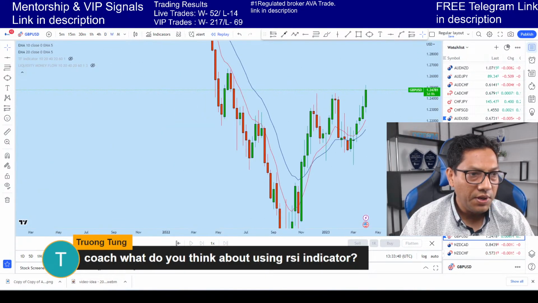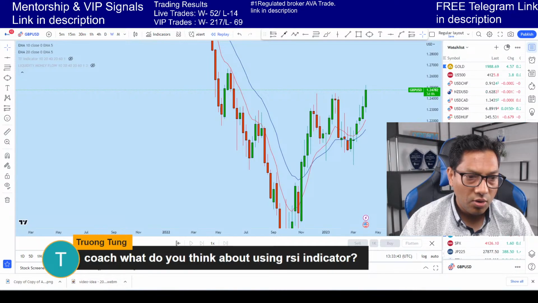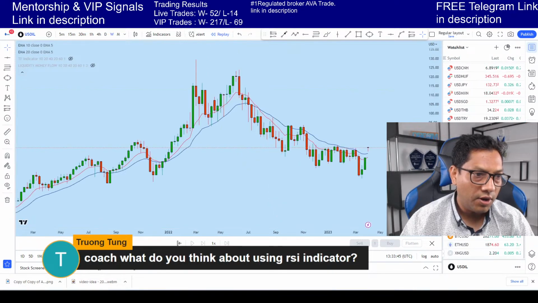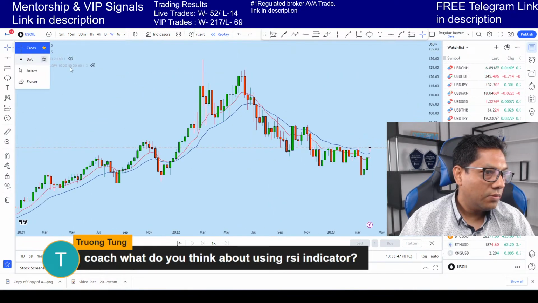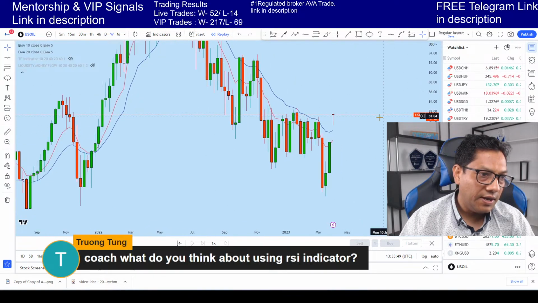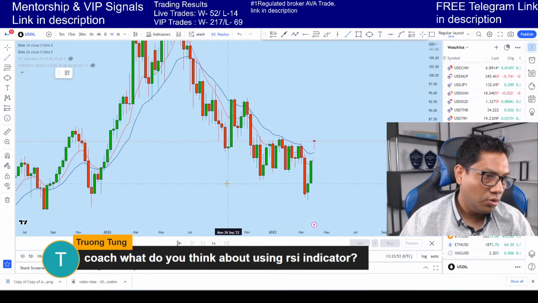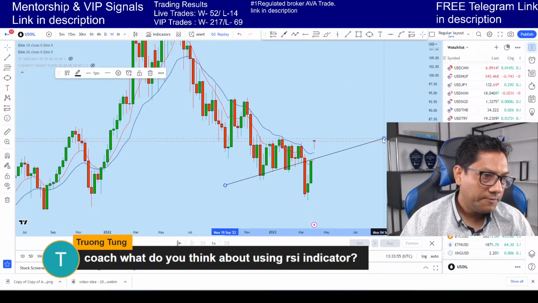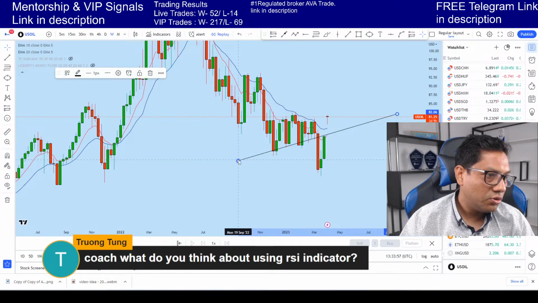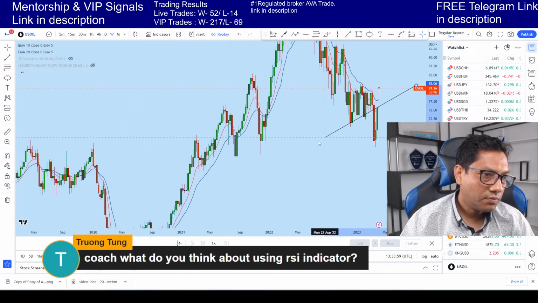Exactly the same thing repeated on the weekly on US oil. Now with that being said, what I think US oil will do, very highly likely, is for the price to come to this support.